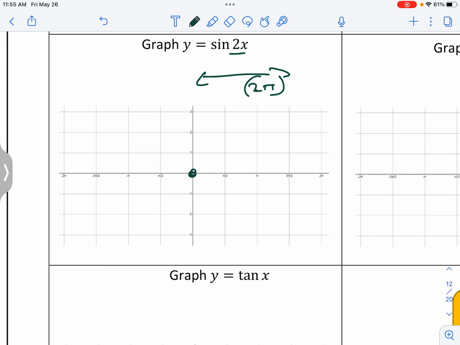So if sine normally starts at (0, 0), we're going to get back to a full cycle after just pi, because we're going to try to get 2 cycles in by the time we get to 2 pi. So we've got to get up right there at pi fourths, back to 0 at pi halves, and down to -1 at 3 pi fourths. Then that gets us back to 0 at pi, and then we continue the cycle.